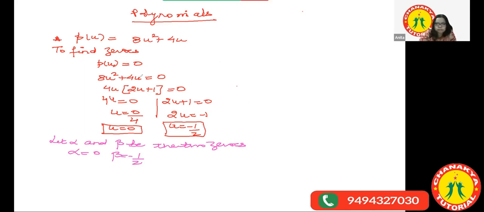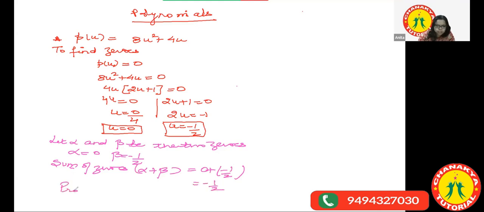The sum of zeros will be alpha plus beta, means 0 plus minus 1 by 2. So it will be minus 1 by 2 only.